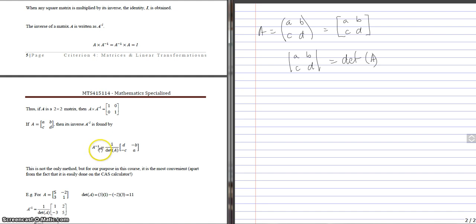The inverse of A is found by going 1 divided by the determinant of A and multiplying that, remember that is a scalar quantity, by a matrix where A and D are reversed in position and B and C have opposite signs to what they originally did.